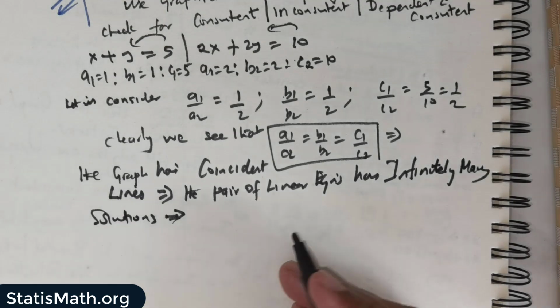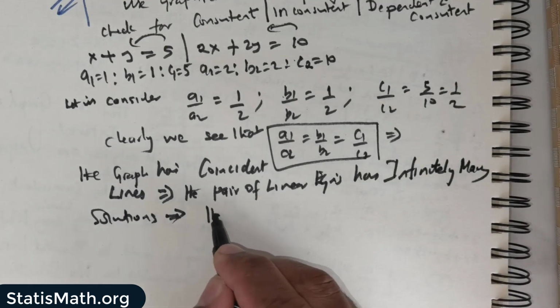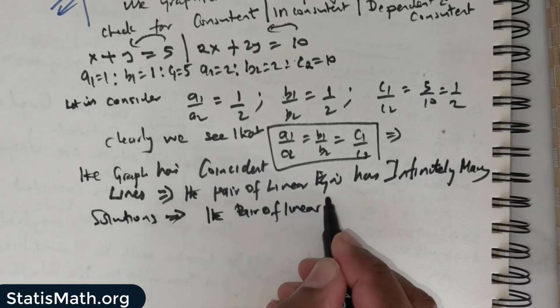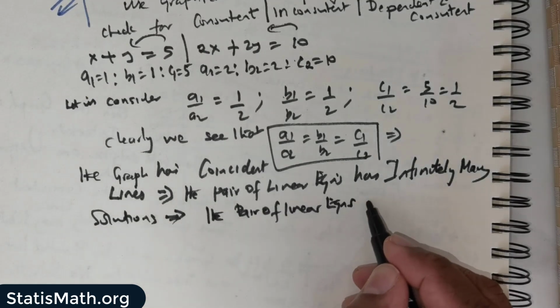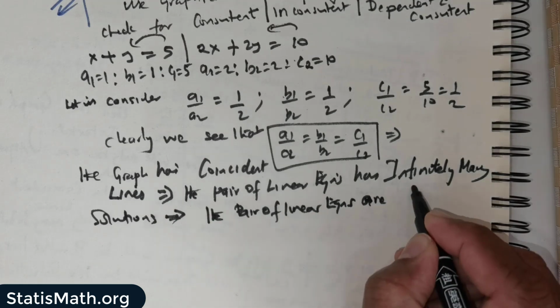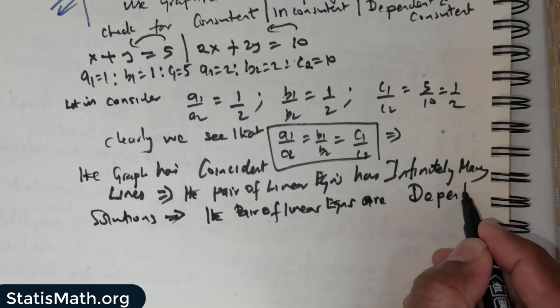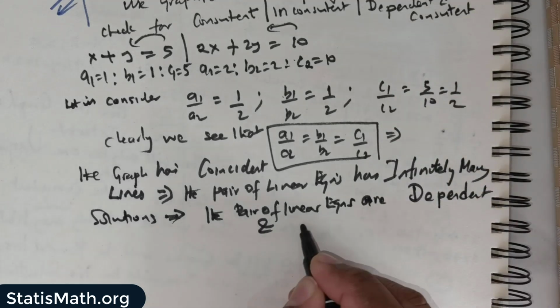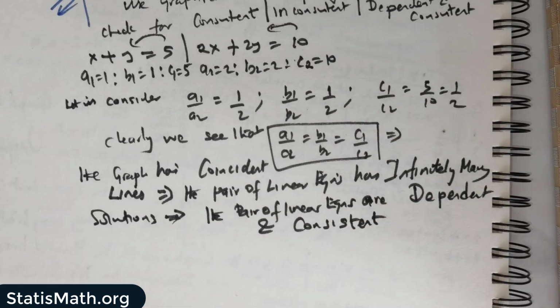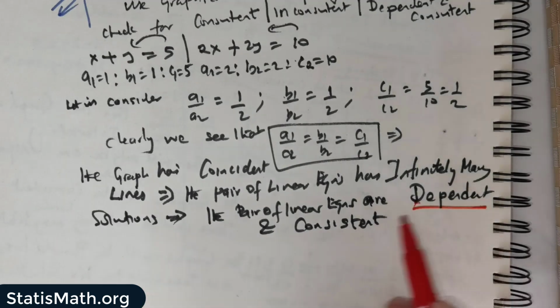This in turn means the pair of linear equations are dependent and consistent. Dependent and consistent.